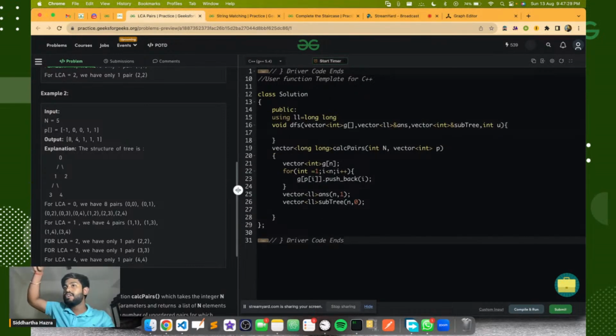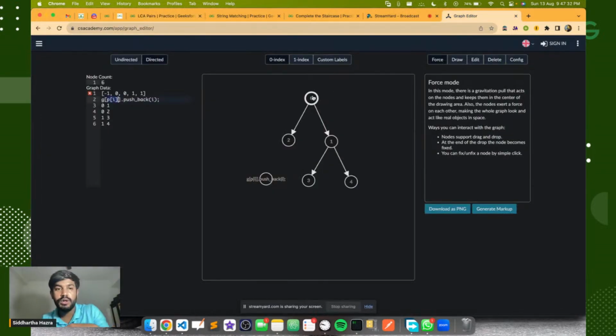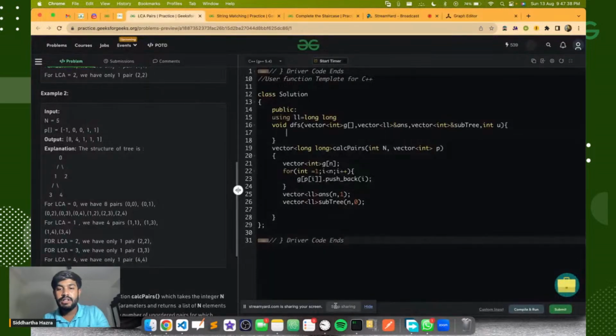Like we would start from 0, from the very root node. So this is the starting point. Now I would start sharing my tab to have a better visual.